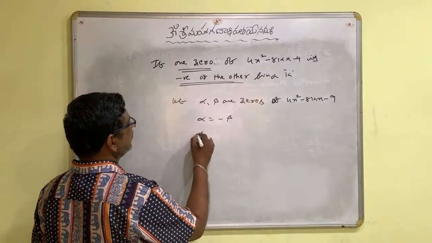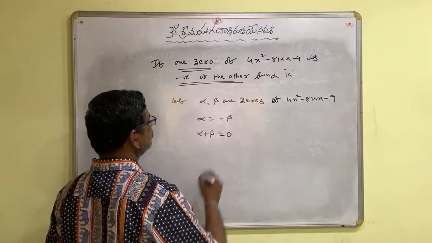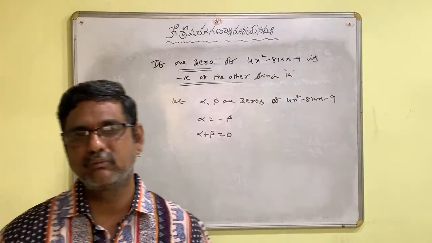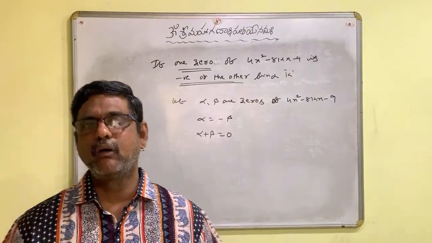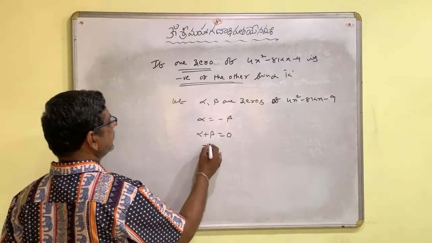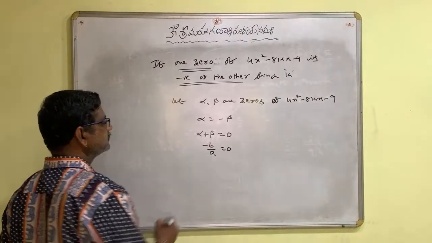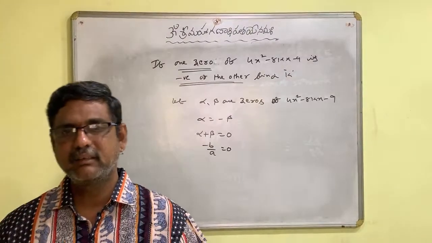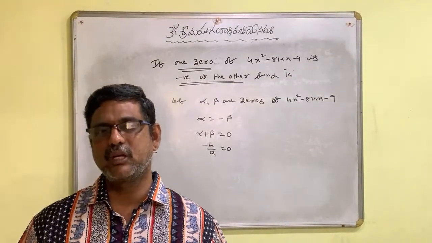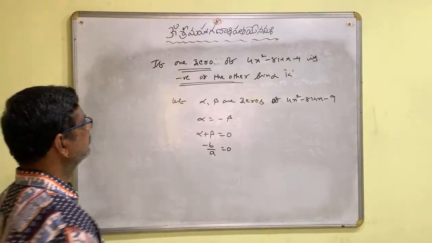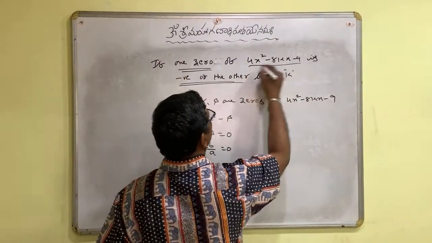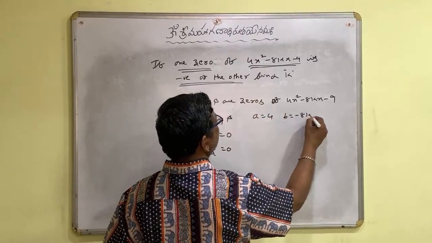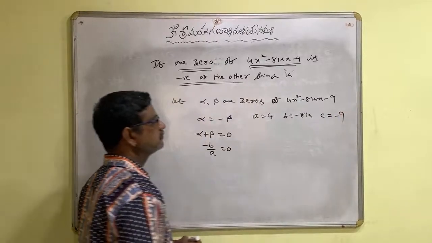And from this what can we write? Alpha plus beta is 0. And we know alpha plus beta is nothing but minus b by a, which is 0. From the polynomial, we can write a is 4, b is minus 8k, c is negative 9.